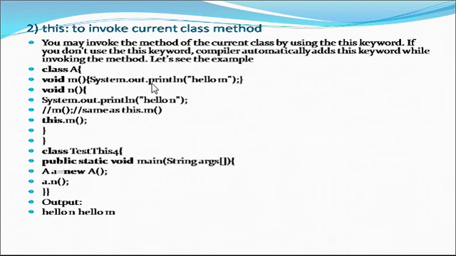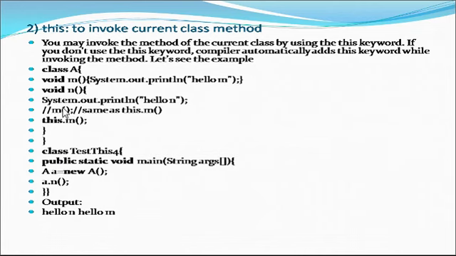Firstly, we take a class named A, and that class has one method named m. The m method has a statement like System.out.println that displays a message, hello m.